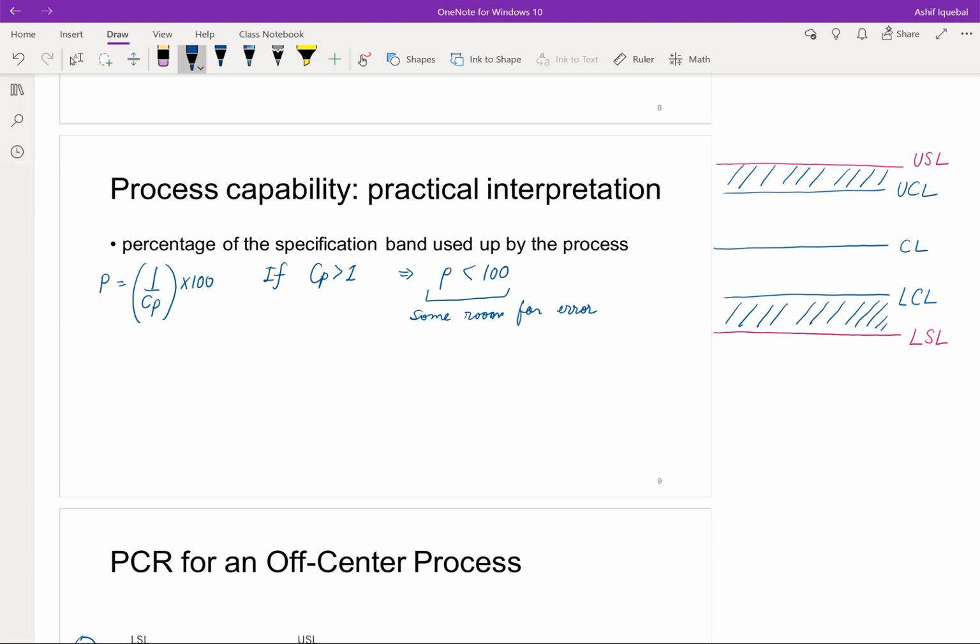Now consider another scenario, which is Cp equals 1. P is in the subscript, okay? So let me just write this correctly. P is in the subscript. So if Cp equals 1, this is the case when P is exactly equal to 100.